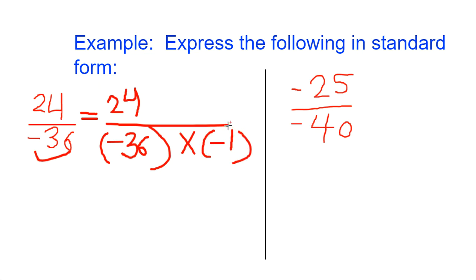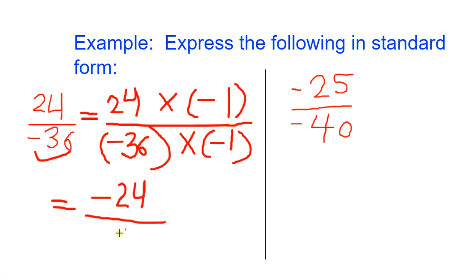But can I only multiply the denominator by a number? No. I have to multiply my numerator also by the same number. So I have to multiply 24 by minus 1 also. That will become minus 24 upon 36. Now my first condition is fulfilled, which says my denominator should be a positive number.